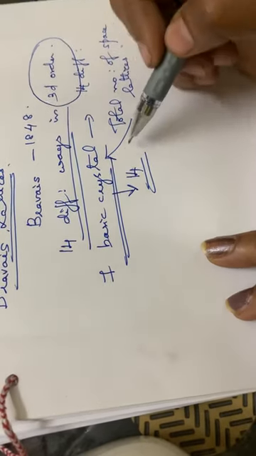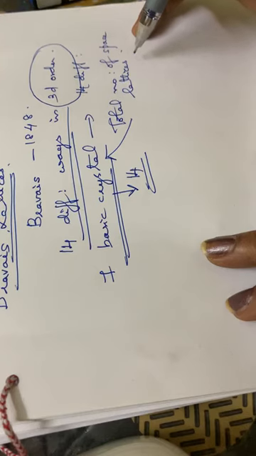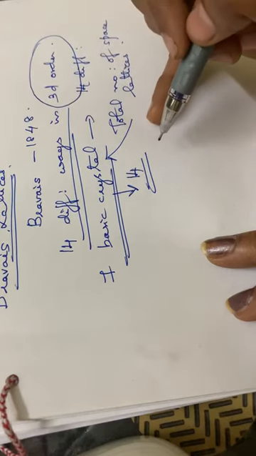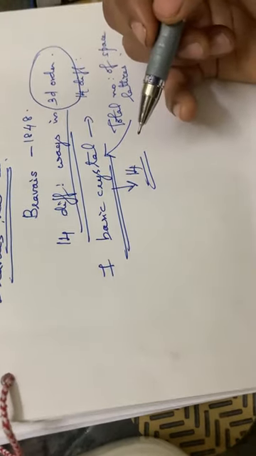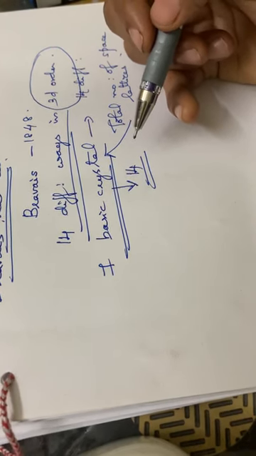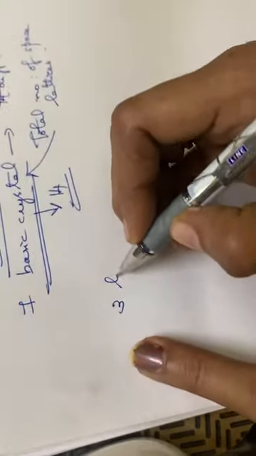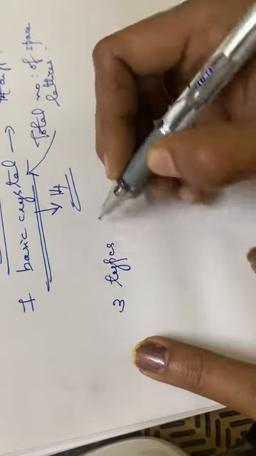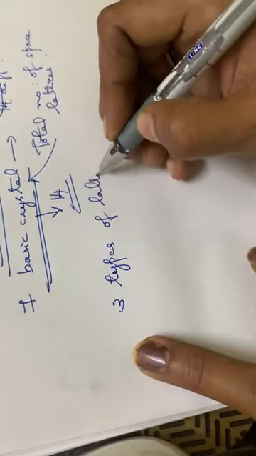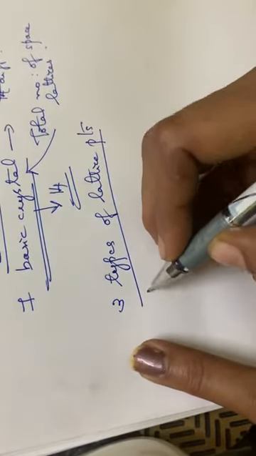Also, in the case of various unit cells, there are 3 types of lattice points, and the first one is the simple or primitive lattice.